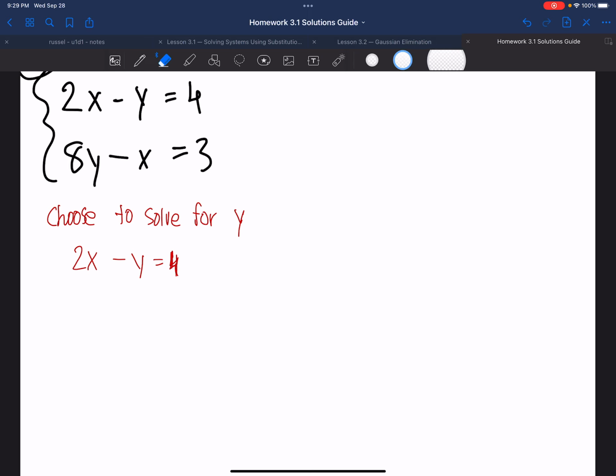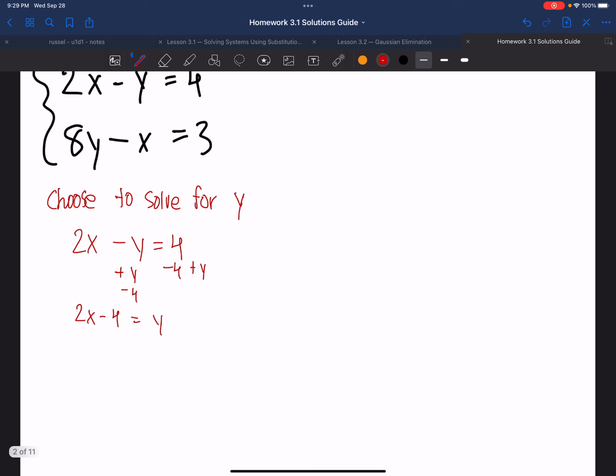Okay. So let's do this. Oh, that 4's ugly. Hideous. Erase. All right. So let's solve for y. This is pretty easy. I'm going to add y to both sides and subtract 4 from both sides, getting me 2x minus 4 equals y. Okay?